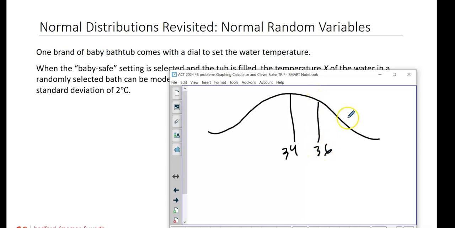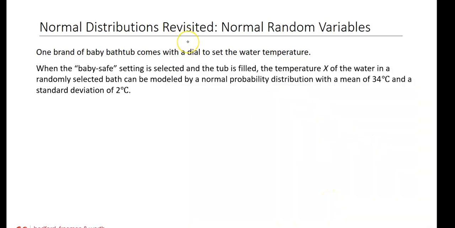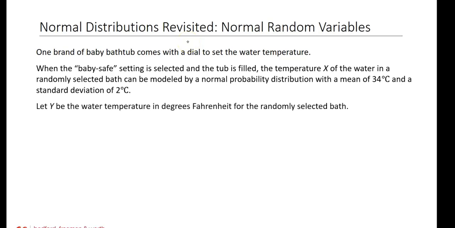I'm just going to do this in my head: 36, 38. I'm going to go 3 standard deviations to the right and 3 standard deviations to the left: 32, 30, and 28.